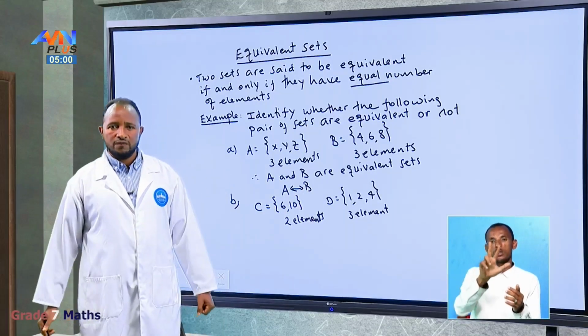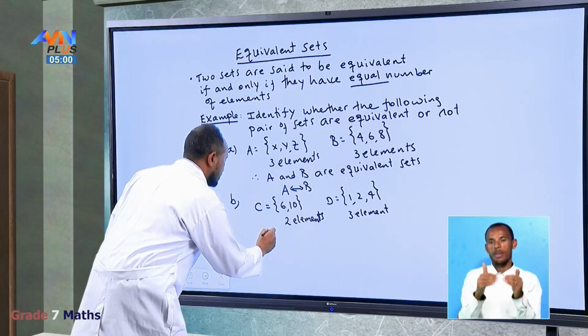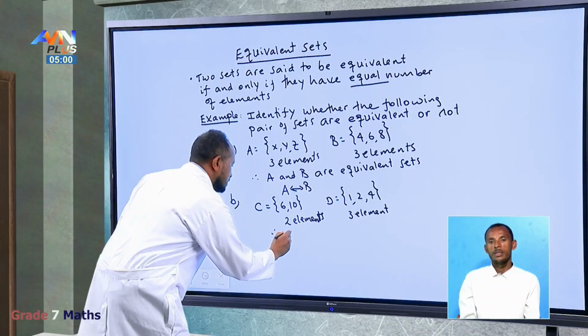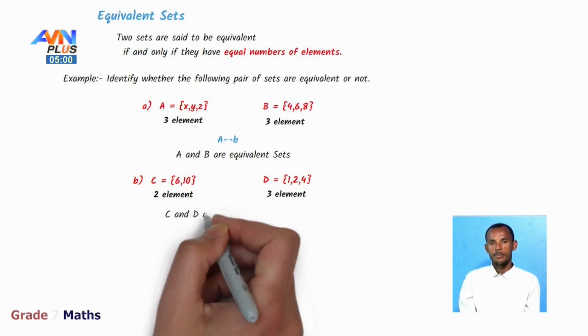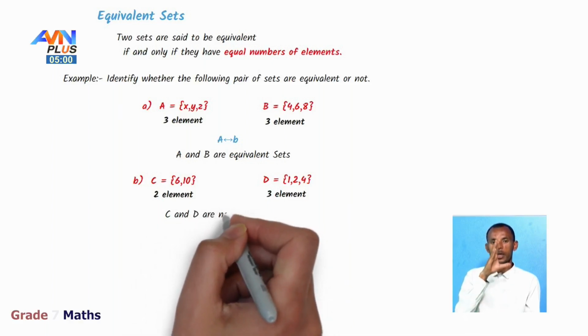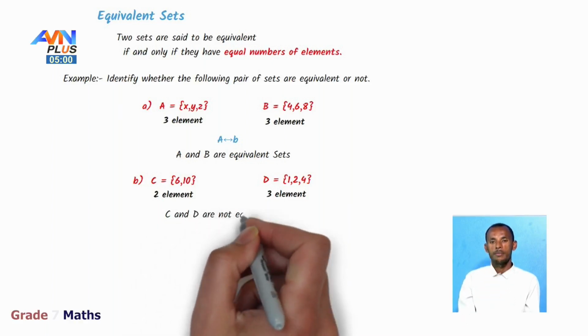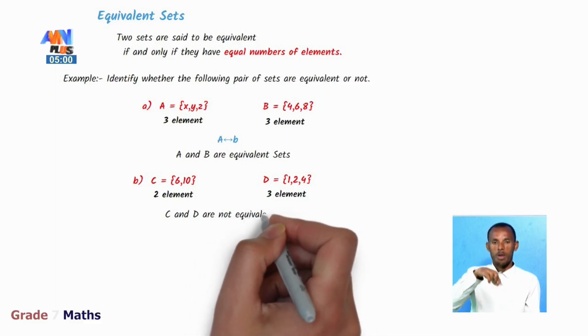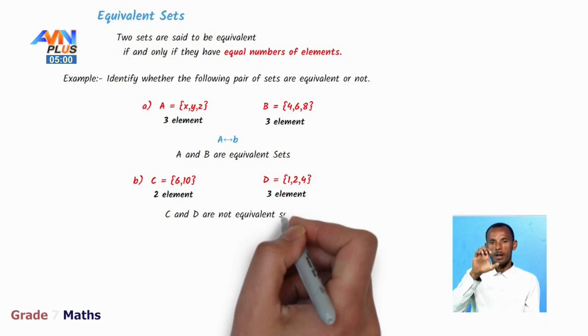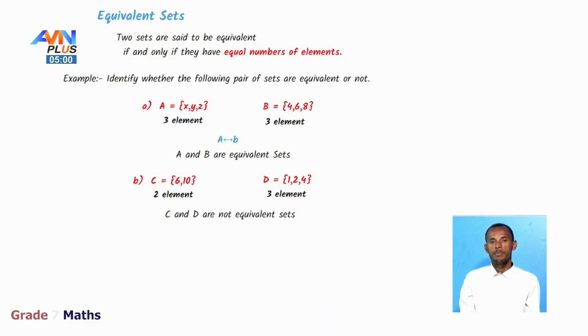So they are not equivalent. Therefore, C and D are not equivalent sets.